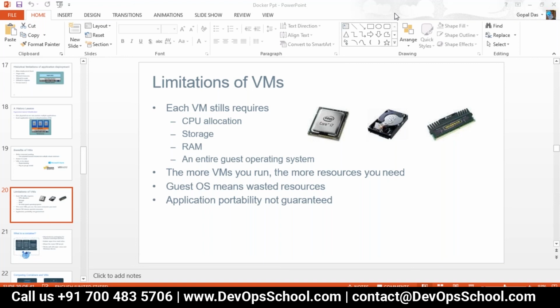What is the size of an operating system? If it is Linux, minimum 2 GB, is it right? And if it is Windows, minimum 5 to 6 GB. Okay.